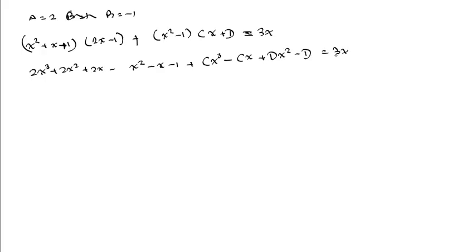This is equal to 3x. 2 plus c times x to the power 3, plus 2 minus 1 is 1, so I can put 1 here. Any other x squared? Yes. x to the power 2 times (2 minus 1, which is 1, plus d), minus cx plus, the constant terms are going to be minus 1 minus d.